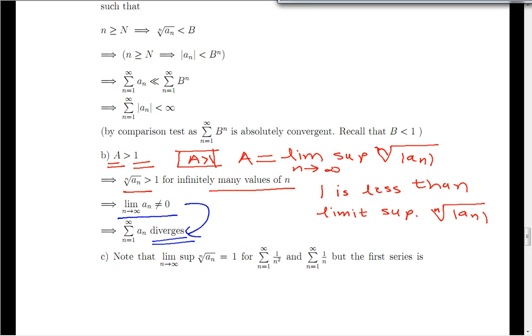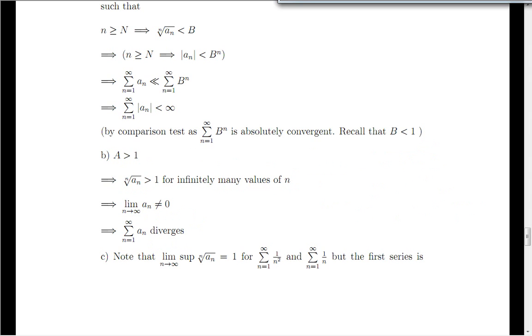This gives us the proof of second part. Note that we are using necessary condition: if a series of real numbers converges, then limit of its nth term is 0. As here limit is non-zero, series a_n is divergent.